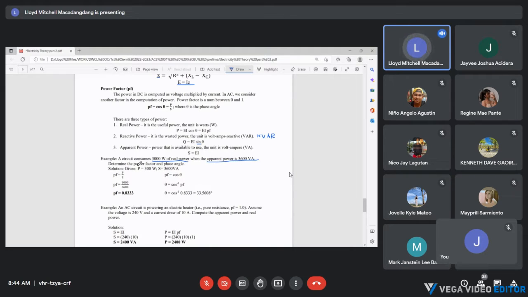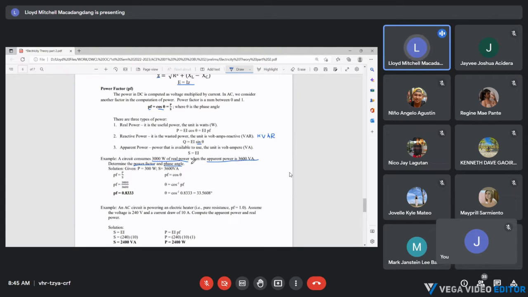So unknown is the power factor and the phase angle. So remember yung power factor natin is equal to cosine theta and it is also equal to yung real power all over the apparent power. So dito given yung apparent and real power, so makukuha natin agad yung power factor.